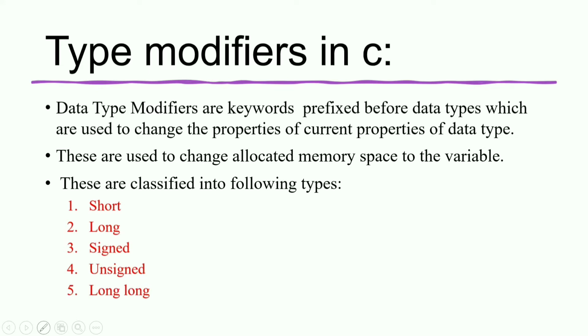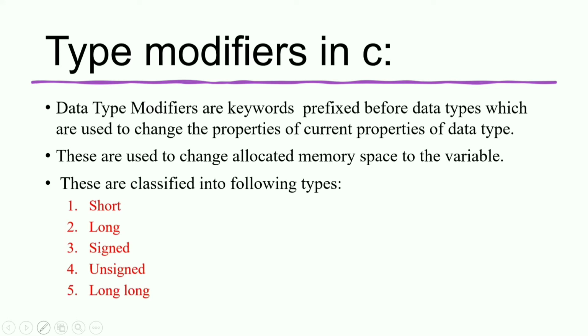These modifiers will change or modify the allocated memory for a variable. So data type modifiers are keywords which are prefixed before the data types, and these are used to change the properties of the data type. These are mainly used to change or modify the allocated memory space.